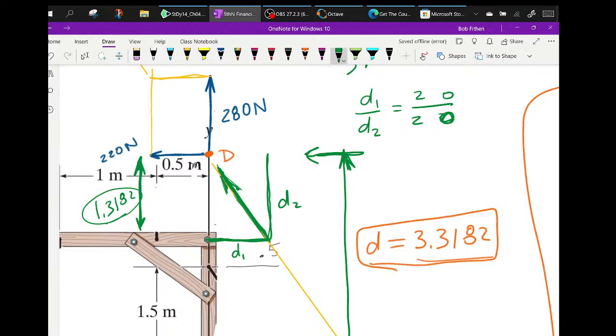Okay, D1 to D2 is as 220 to 280. I wanted to leave it because I wanted to find D1. So if I take D1, it should be equal to 1.3182 times 220 over 280. Gives you about something smaller than the other one.